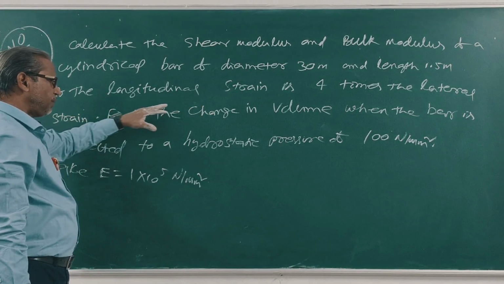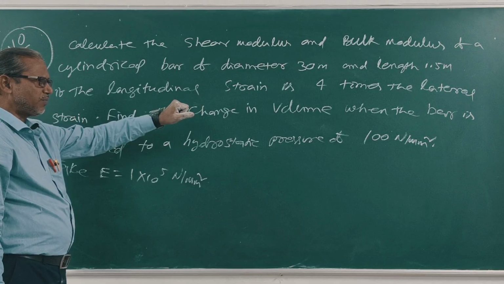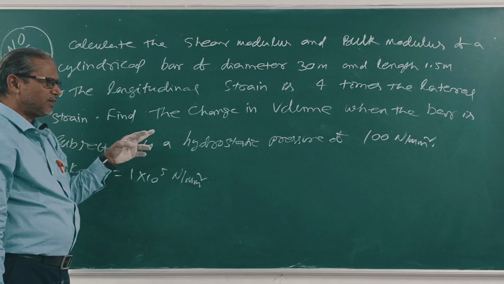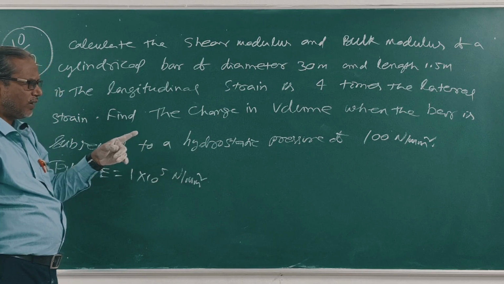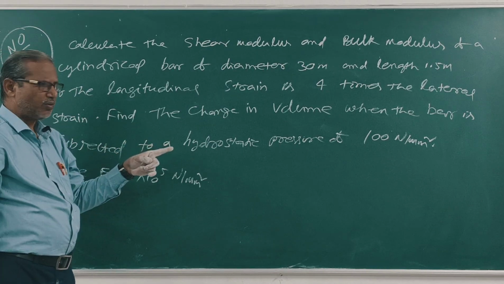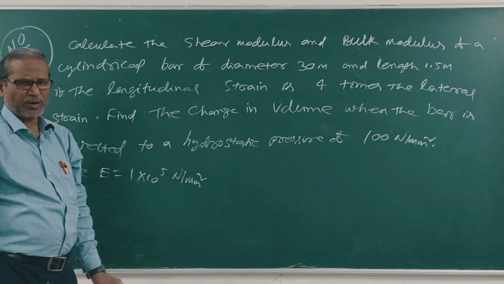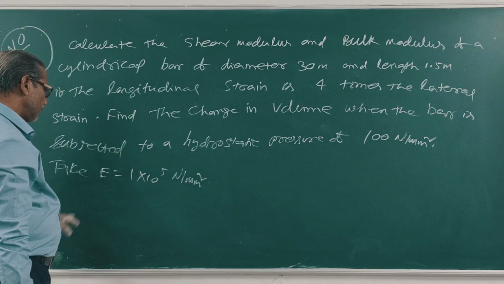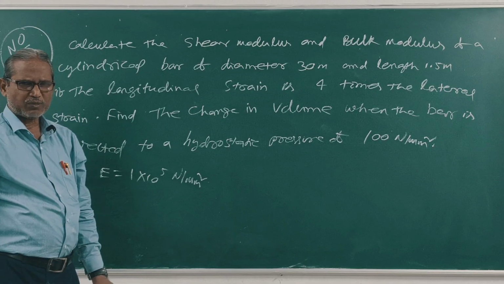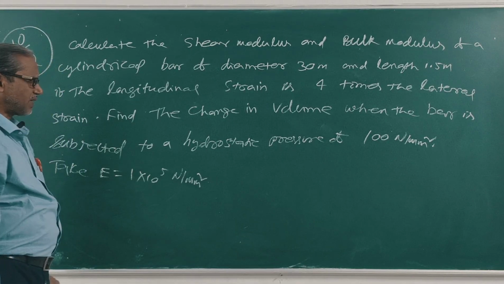If the longitudinal strain is 4 times the lateral strain, find the change in volume when the bar is subjected to a hydrostatic pressure of 100 Newton per mm square. E is equal to 125 Newton per mm square. Clear? First write the given data.